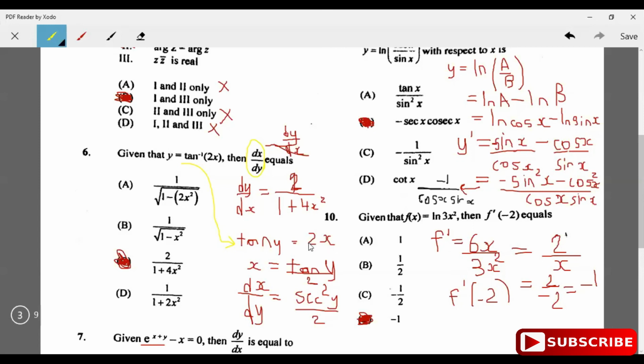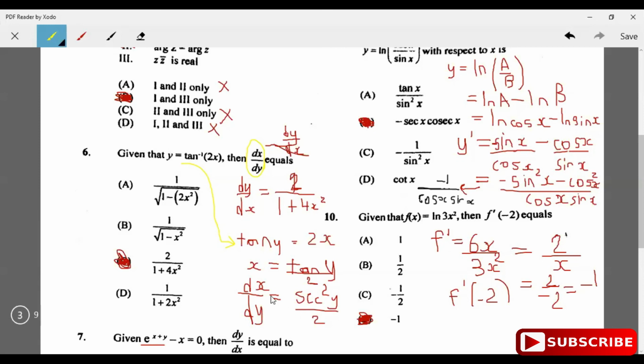Then we divide by 2, and so we get x is tan y over 2. And then now to find dx by dy, we differentiate x with respect to y. And the differential of tan y is sec square y over 2. So that would be dx by dy.